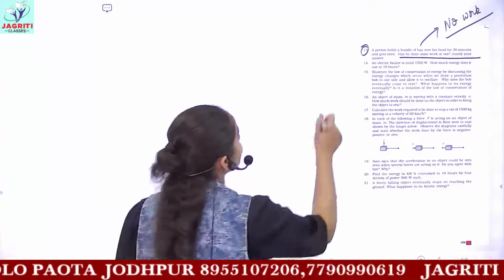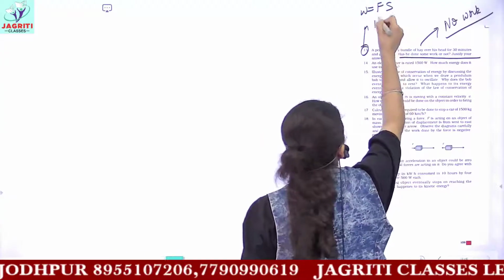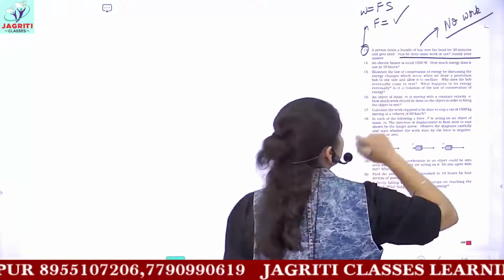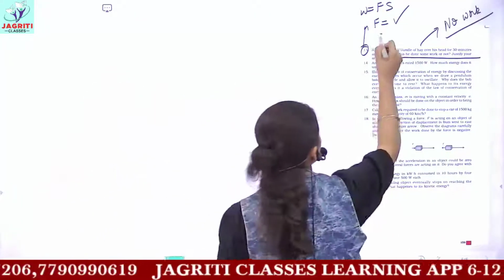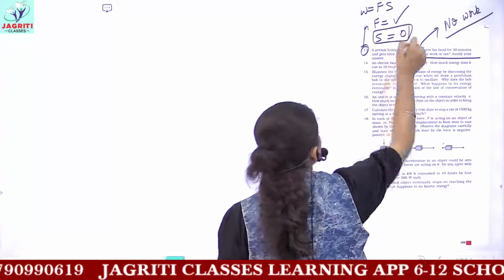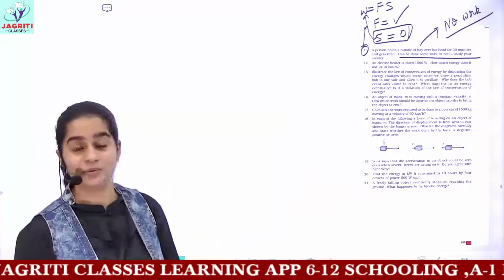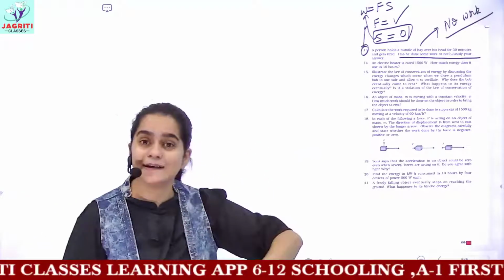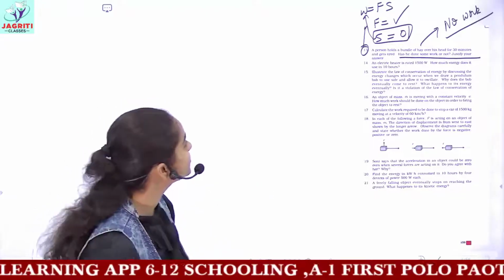For work, you should have force and displacement. Here the force is applied in the upward direction, but because the person is standing, the displacement is 0, and when the displacement is 0, work done is 0. He is getting tired, but according to physics, he has done no work.